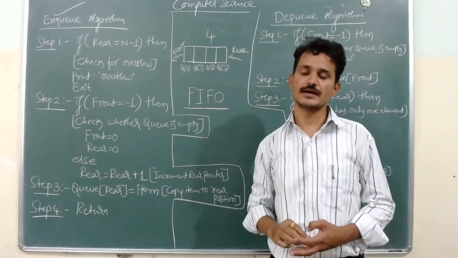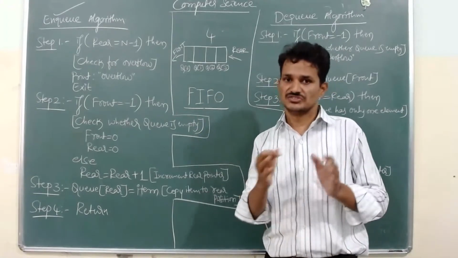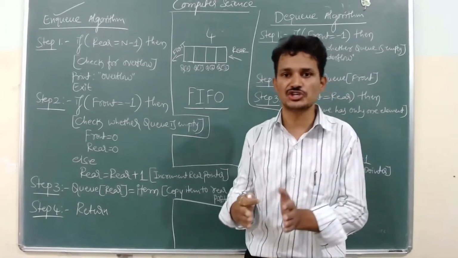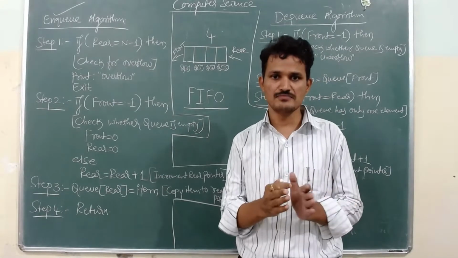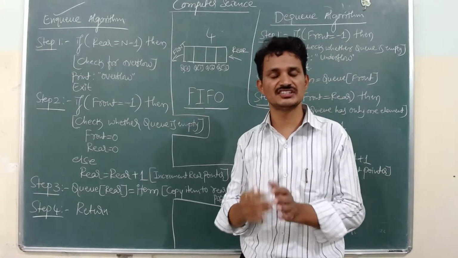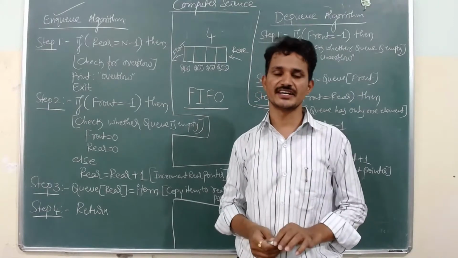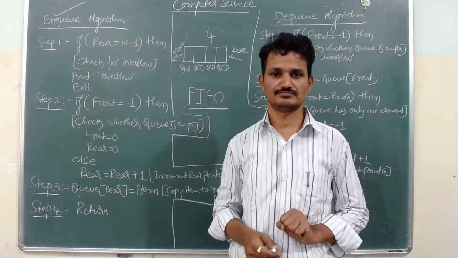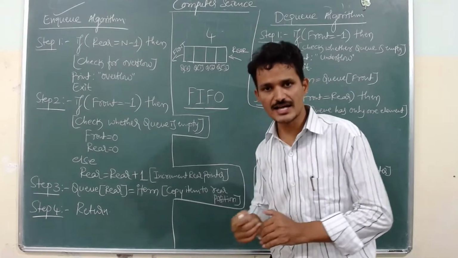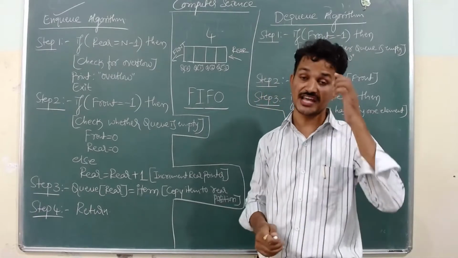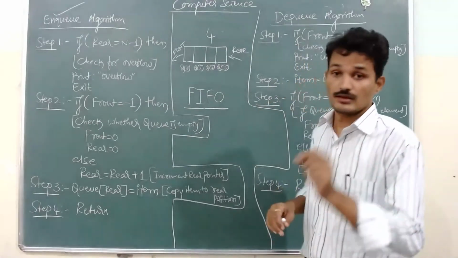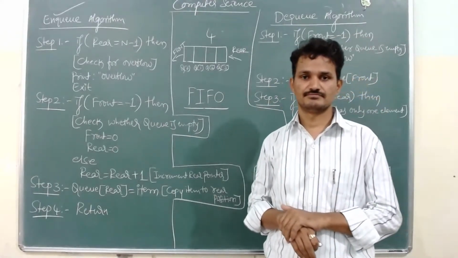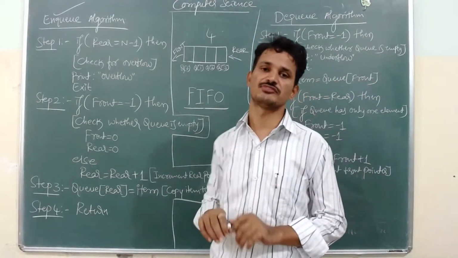Then comes is empty. This function tests whether the queue data structure is empty or not. Moving to the last one, the fifth operation which can be performed on a queue data structure is the size function.